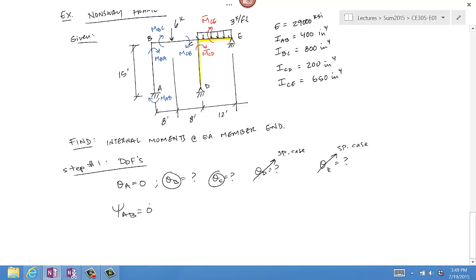It's 0 because there is no chord rotation. The chord rotation would have shown up like this, as shown there. There is no chord rotation because, number one, point B does not move left or right.